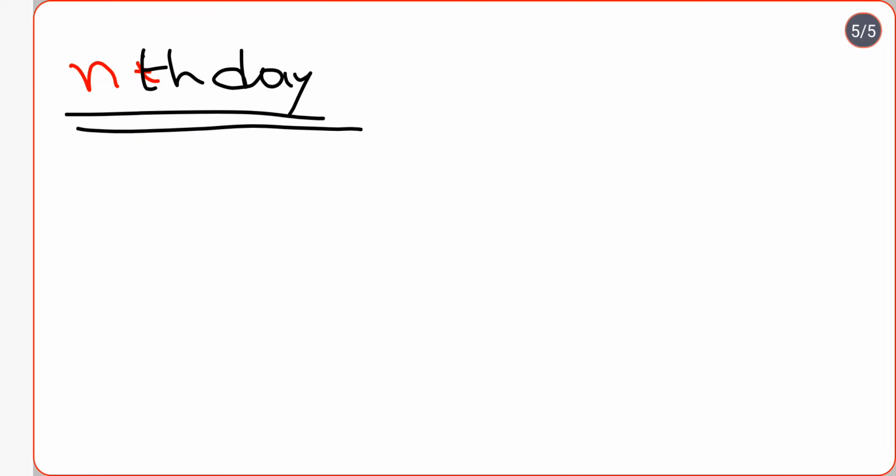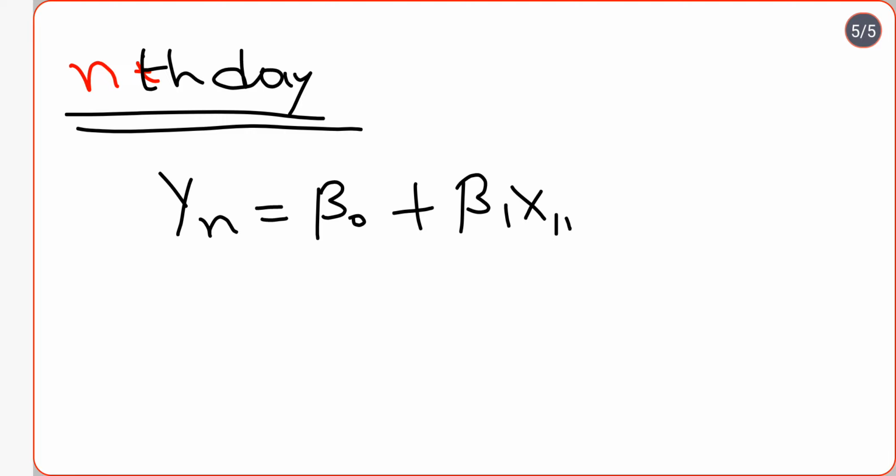So now if I want to form what will be the equation on the nth day, or what will be the data finding on the nth day, we have this kind of equation, that is yn equals beta 0 plus beta 1 x1n plus beta 2 x2n. So basically this n is denoting the number of the equation, it is the nth equation, the data found from the nth day.